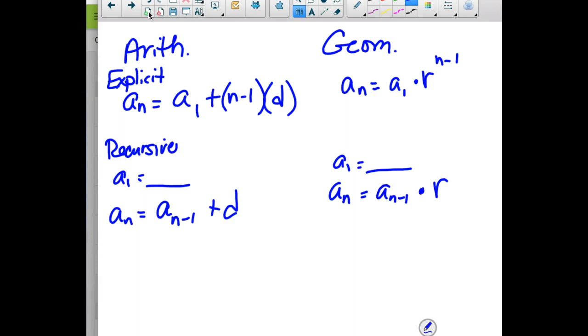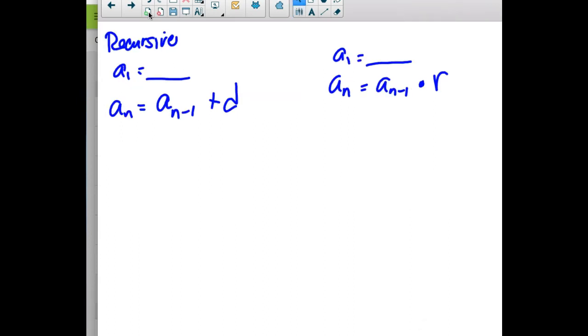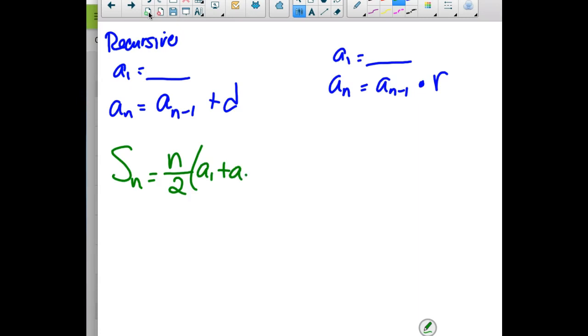Okay, then we had some summation ones. For the arithmetic sequences, we took all of our terms, however many terms we were adding up, and we paired them up, right? And each pair had a sum of the first term plus the last term.